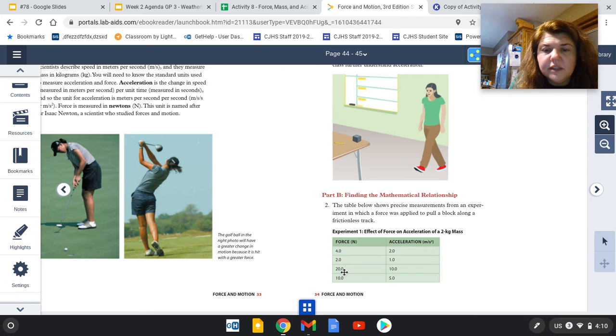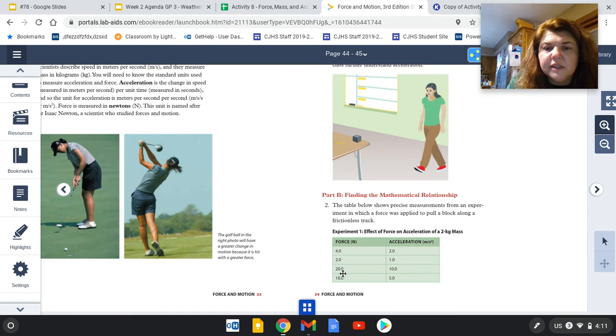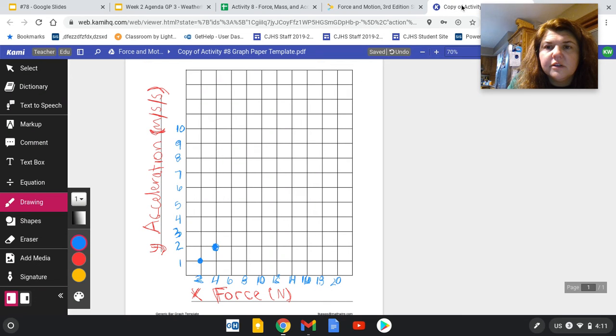And the next one is 2 newtons, and the acceleration is 1 meters per second squared. So here's 2 newtons, and here's the 1. So this point goes right here. The next one is 20 newtons and 10 meters per second squared. So here's my 20 newtons, and if I go up to the 10, I'll be right there.